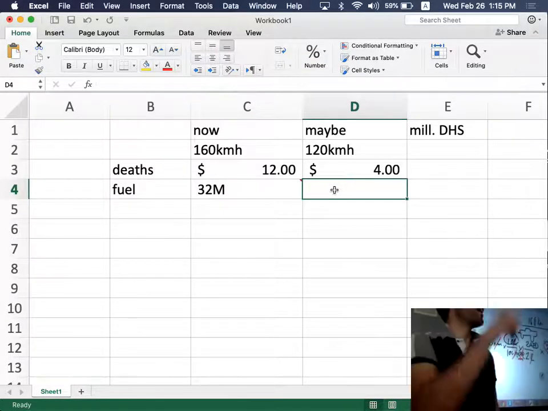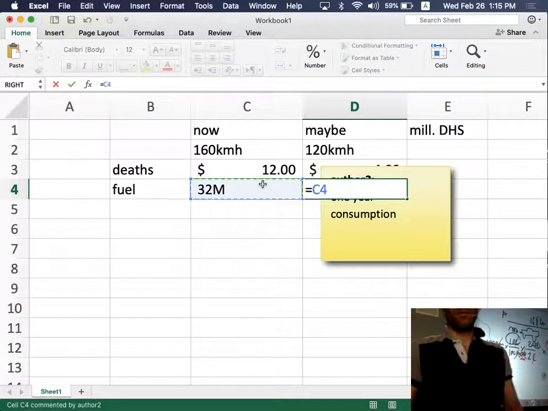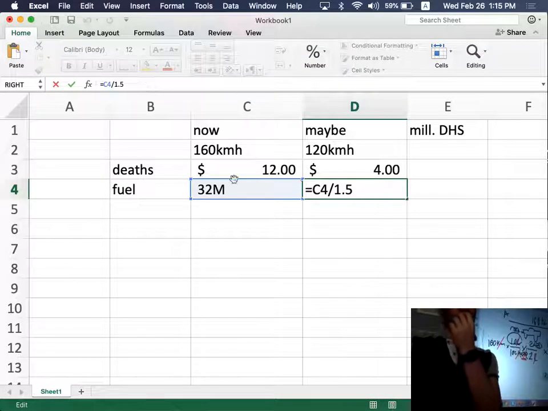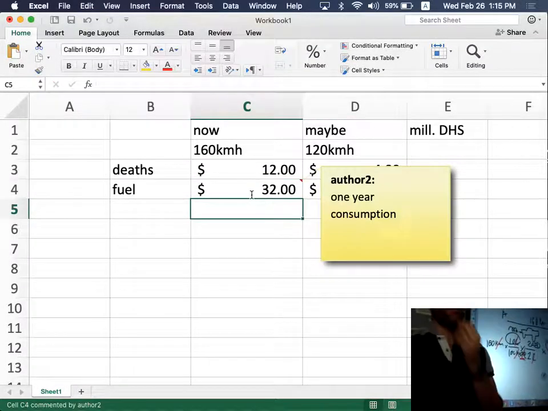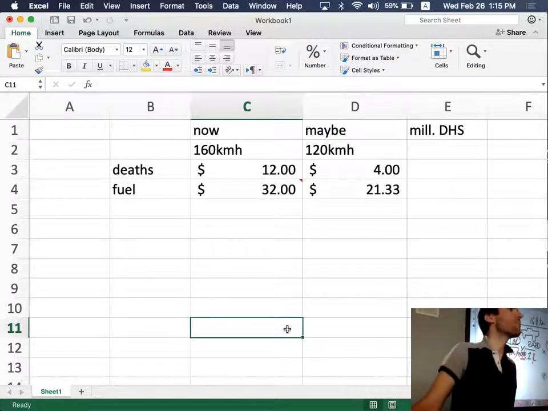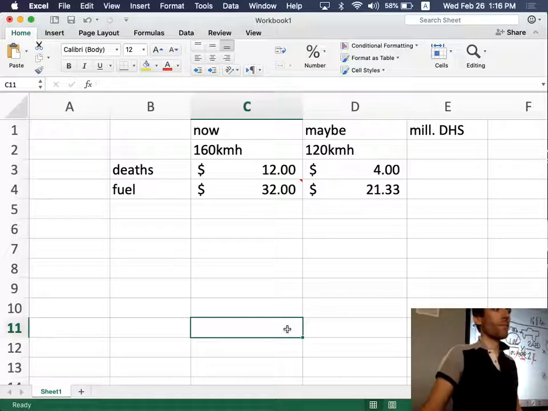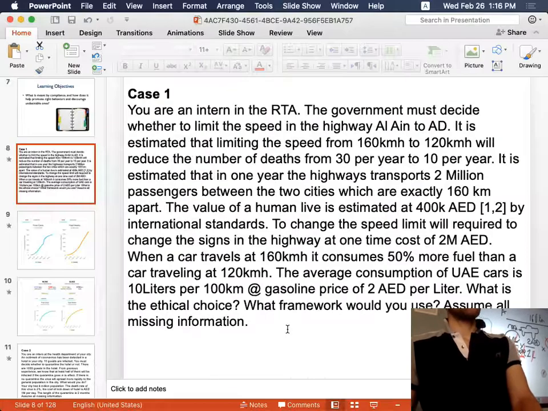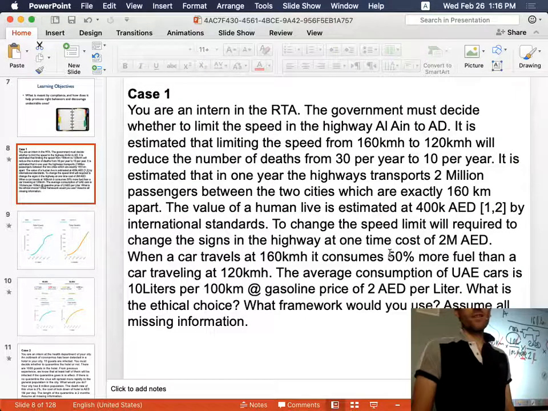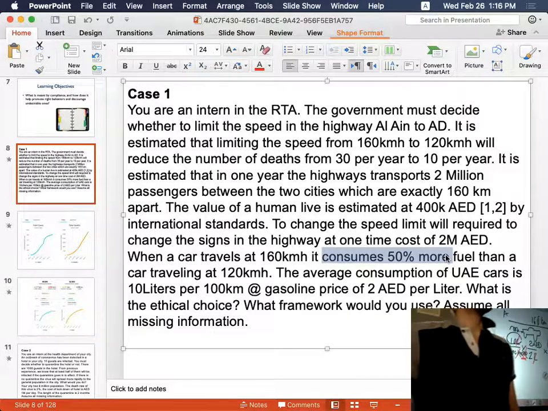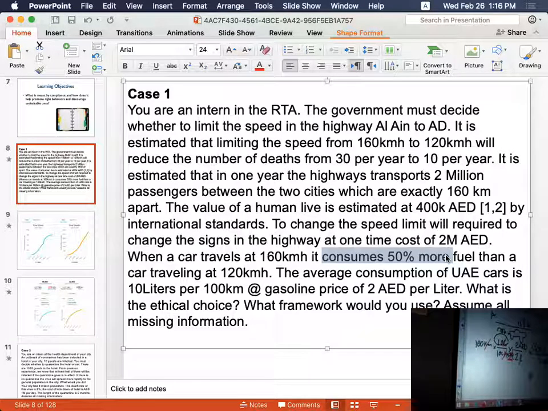So I divide by 1.5 and I will find it, right? 100 times 10 liter per 100 kilometer times 2 equal 24. So it says it's 50% more.